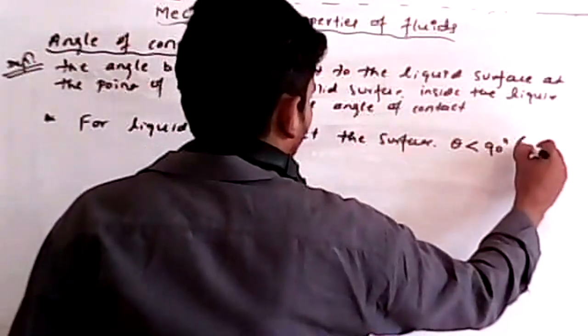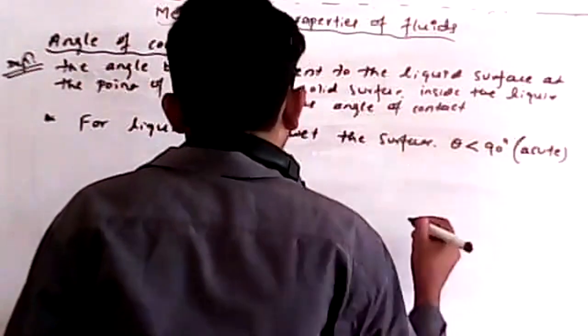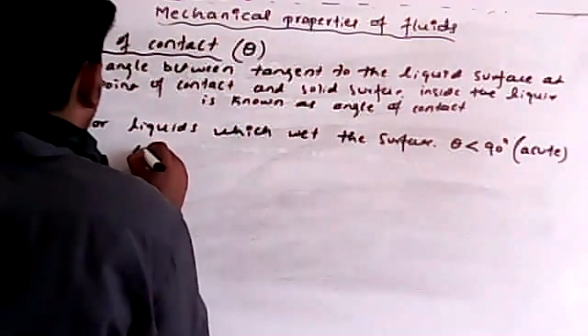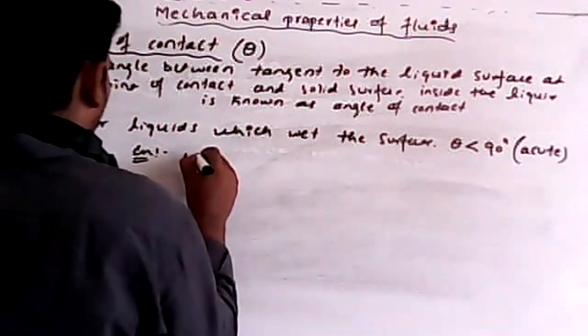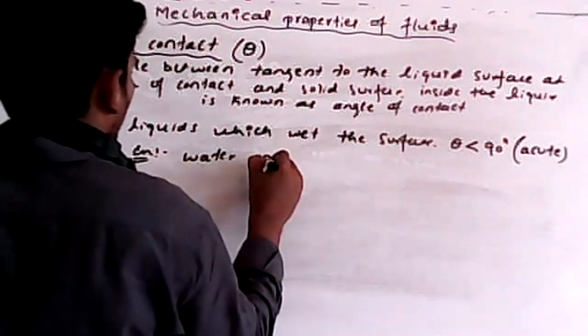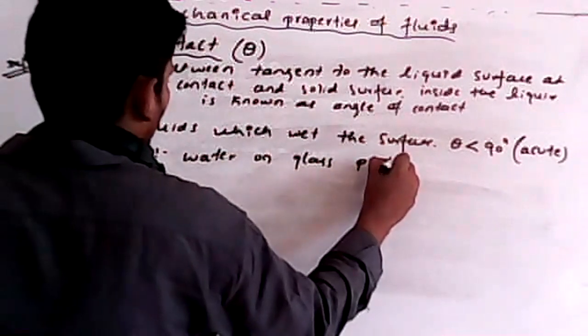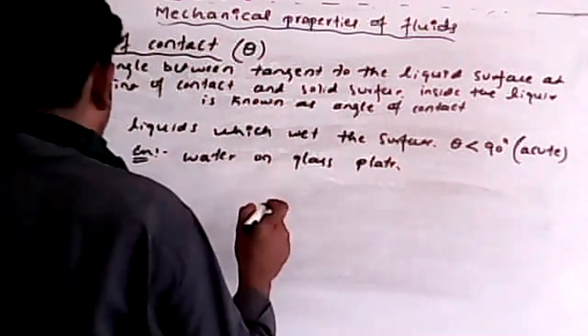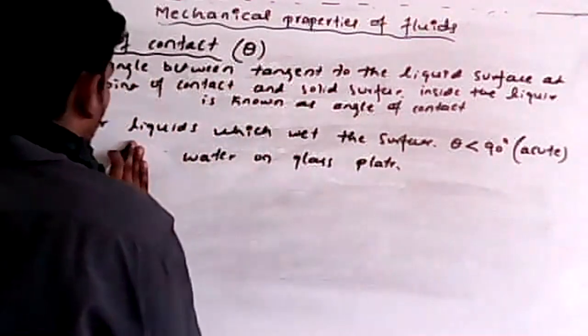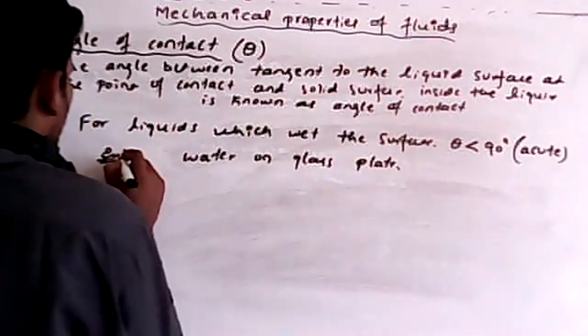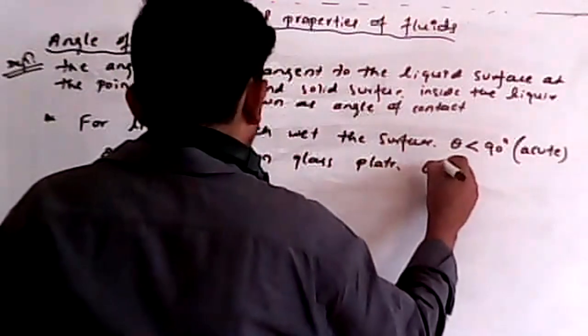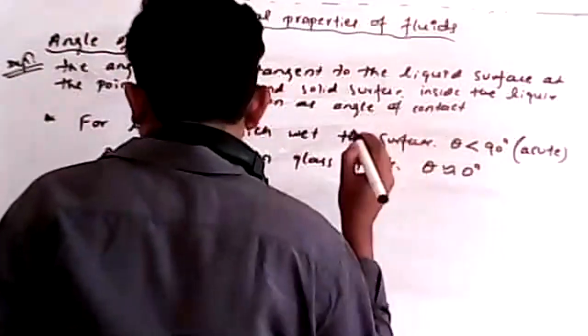That is nothing but an acute angle. Example, water on a glass plate. Ordinary water this is, or you can say pure water, which is equal to 0 degree.